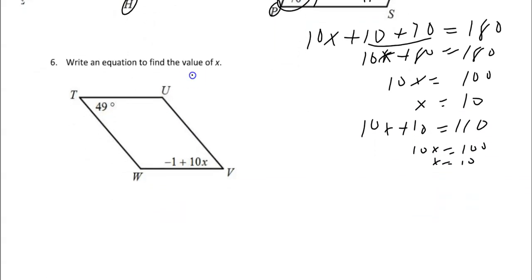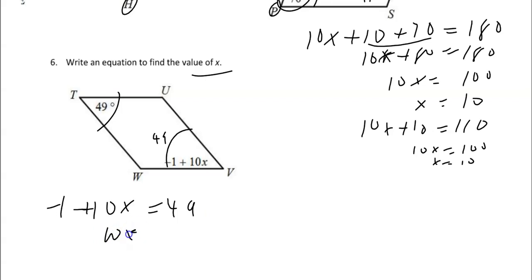All right, write an equation to find the value of x. Well, opposite angles are equal, so that means this is 49 also. But we know -1 plus 10x equals that 49, because -1 plus 10x is the expression for that angle.